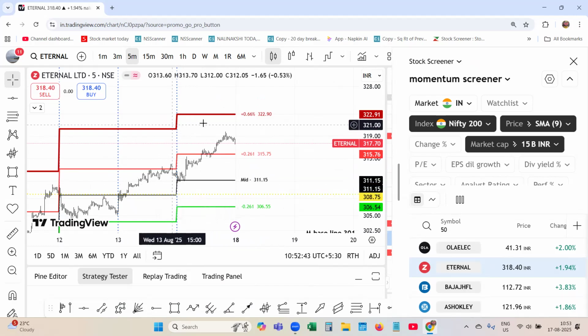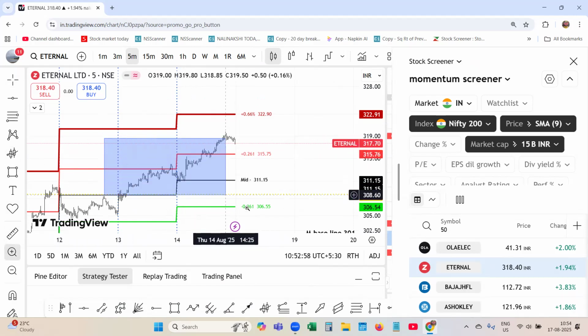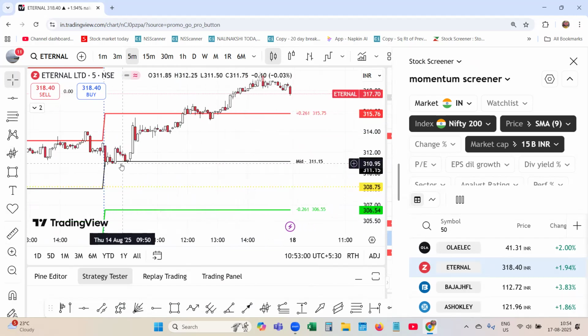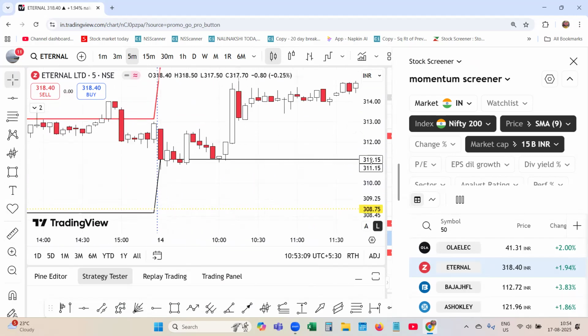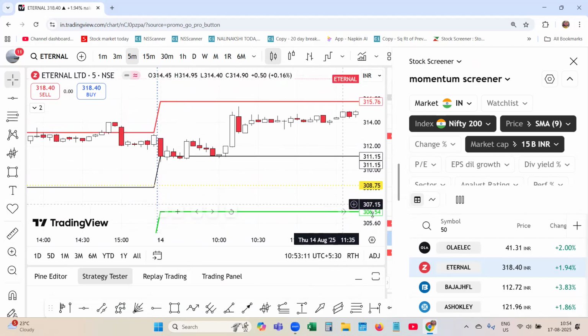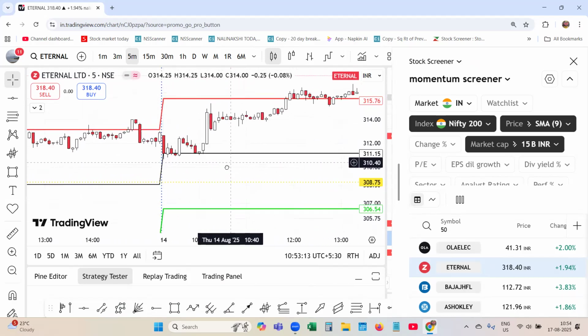That means the cycle is increasing. The mark, this stock is in uptrend. And even though when it opened here, it was a bearish candle. But this indicator plots the midline, and also this is the 0.26, that is negative 0.26.